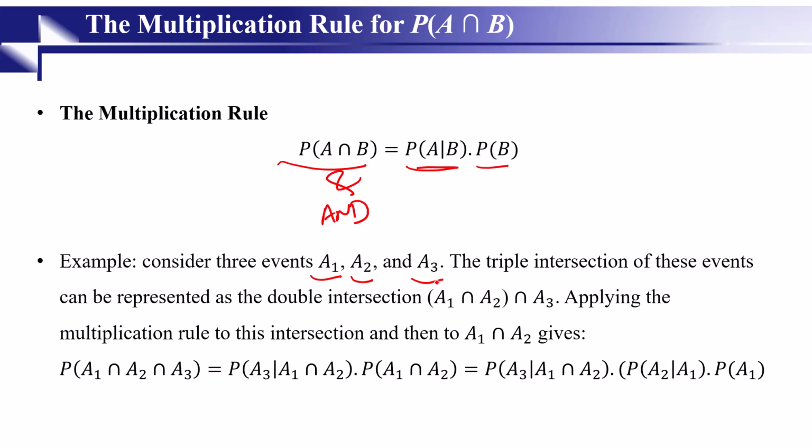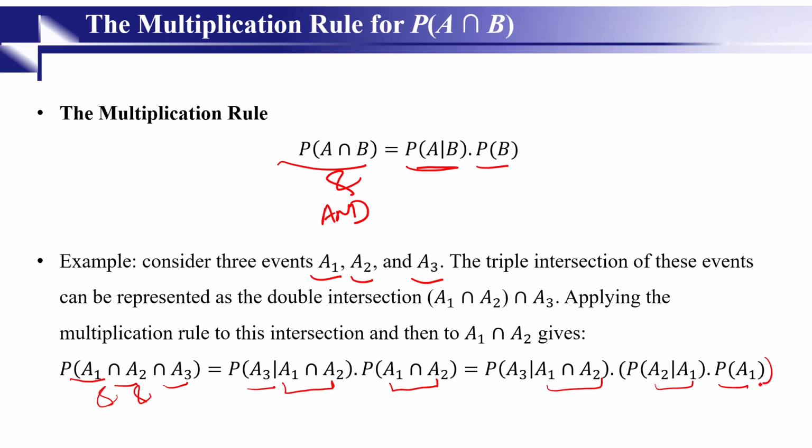The probability of all three happening, A1 and A2 and A3, is equal to probability of A3 given both A1 and A2 multiplied by probability of A1 and A2, which is equal to probability of A3 given both A1 and A2 multiplied by probability of A2 given A1 multiplied by probability of A1, right?